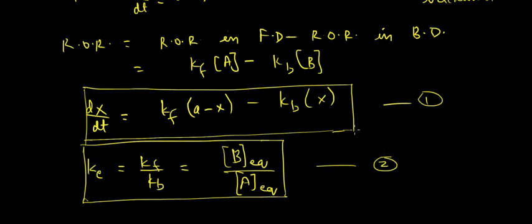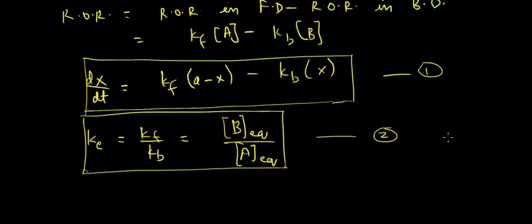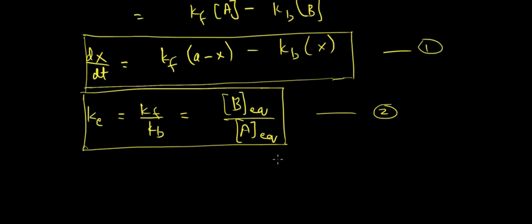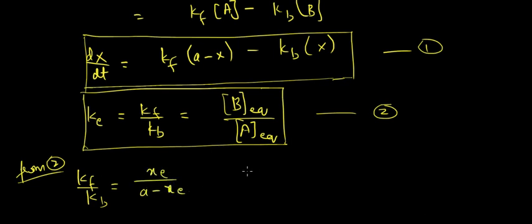So from the second equation we have that kf upon kb would be equal to xe upon a minus xe.